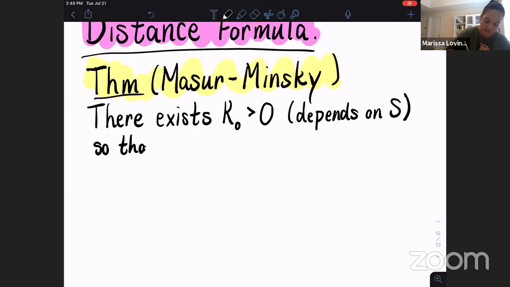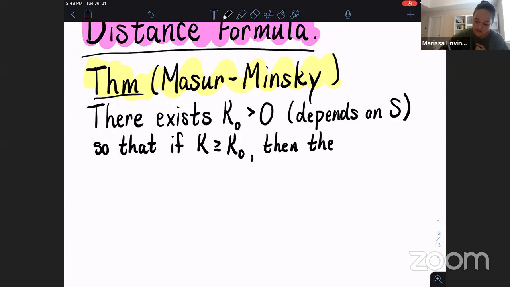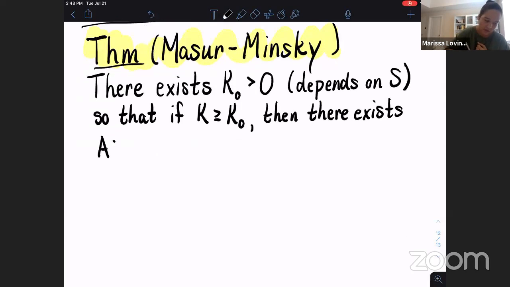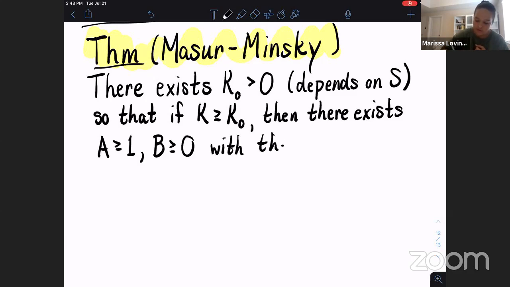So that if there's a k greater than k naught, then there exists an A at least 1, B at least 0, with the following properties.